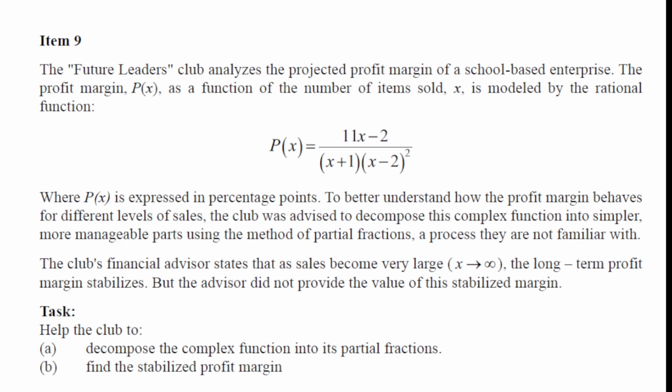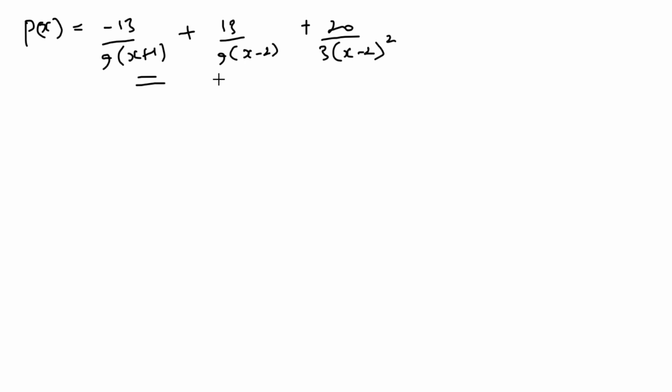So going forward, part B, we need to find the limit of the function of the profit margin as x tends to infinity. And this is equal to the limit as x tends to infinity of this.